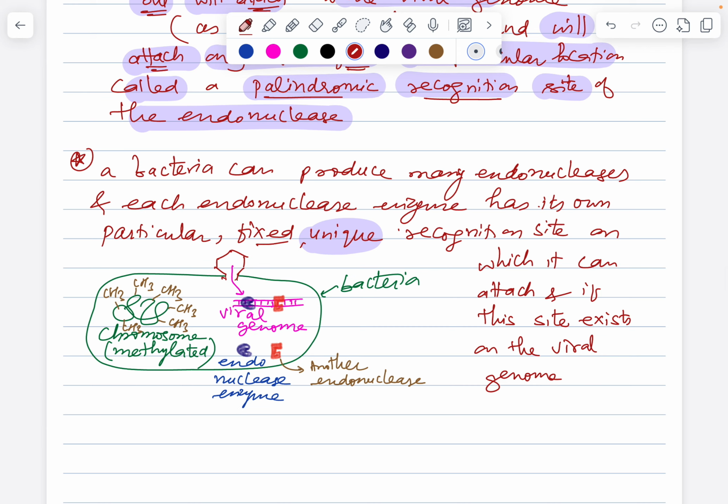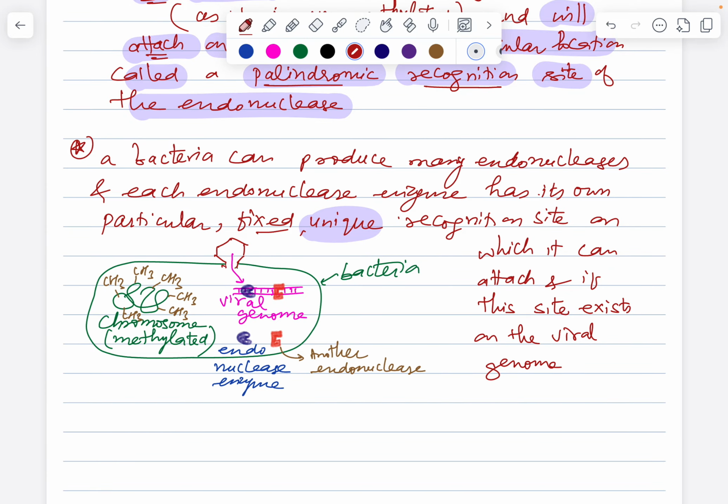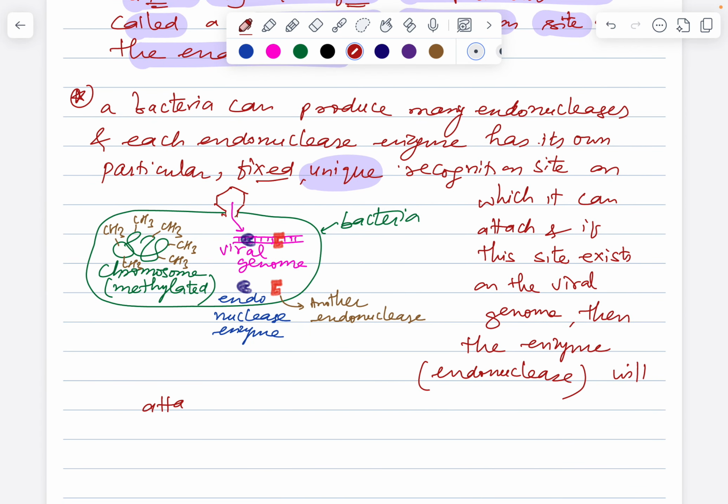So a bacteria produces many endonucleases. Each endonuclease has its own particular fixed unique recognition site on which it needs to attach, and if this site exists on the viral genome, then only the endonuclease enzyme will attach to the viral genome and digest it. Now what about digestion also?